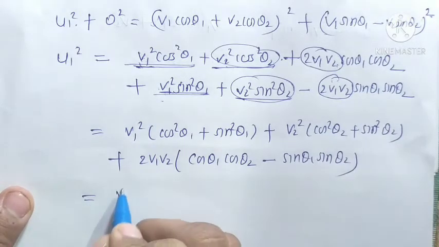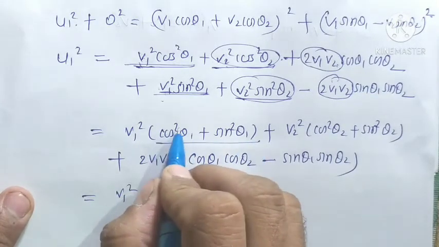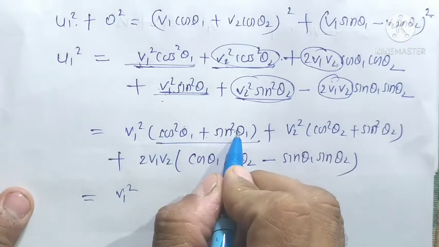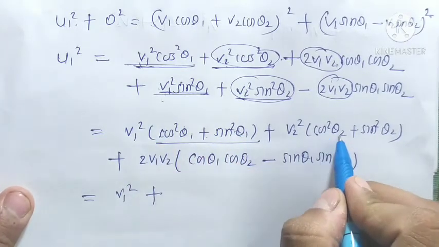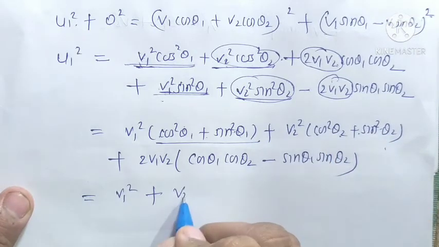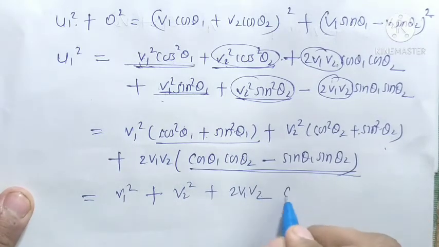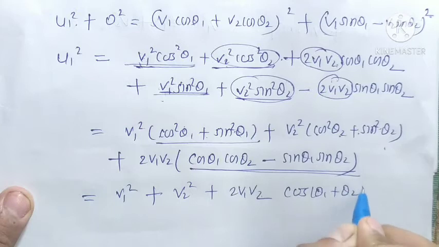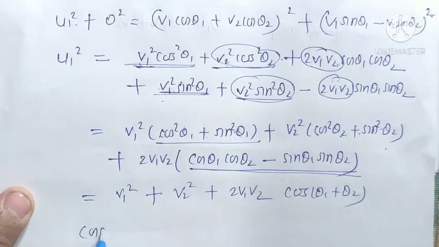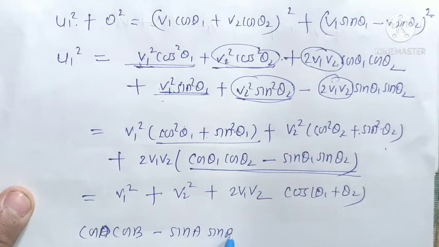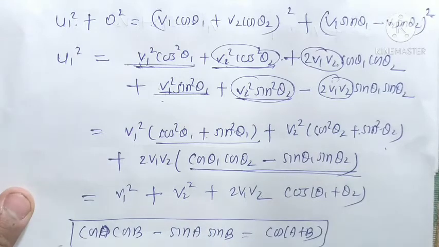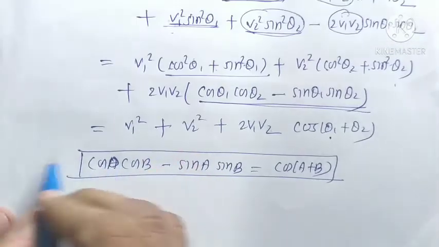So what is left? cos square theta 1 + sin square theta 1 becomes 1, cos square theta 2 + sin square theta 2 becomes 1, and 2 v1 v2 remains. We use the formula cos a cos b - sin a sin b = cos(a + b).